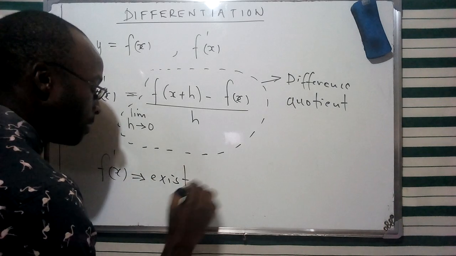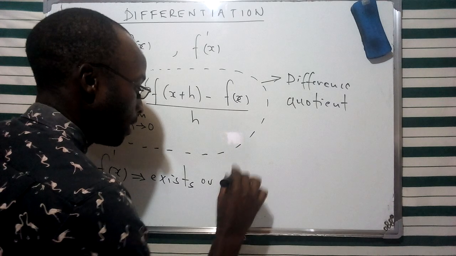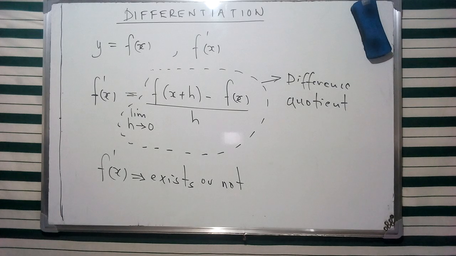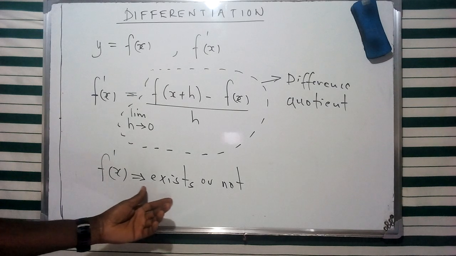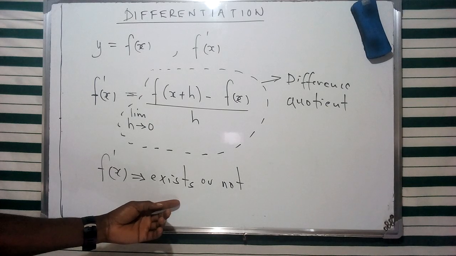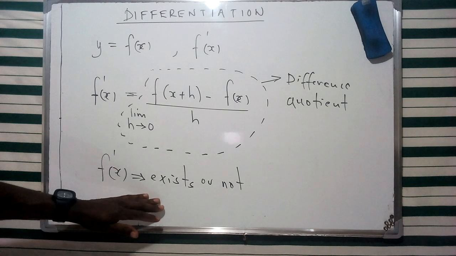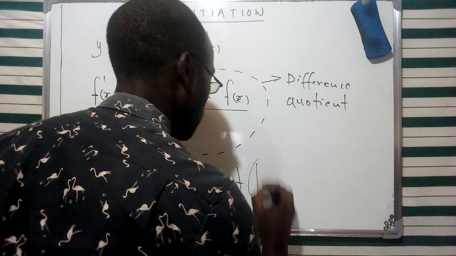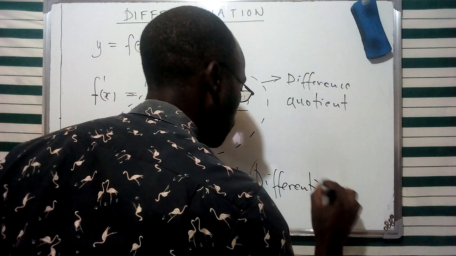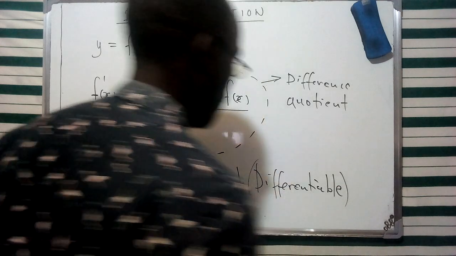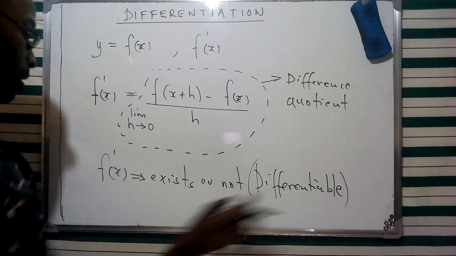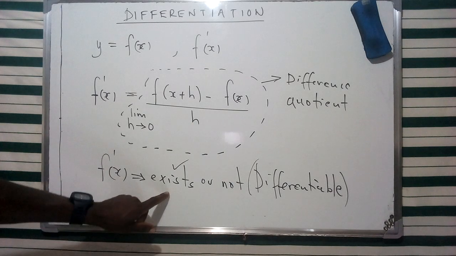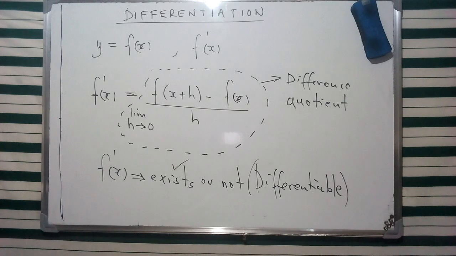I mentioned this concept of a limit existing or not when I was talking about limits, and I'm going to put a link to that discussion in our description box. From that discussion, we said that if f prime of x exists, then we refer to that function as differentiable. If the limit does not exist, then that function is not differentiable. So this applies to the condition of f prime of x existing, and therefore we refer to that function as differentiable.